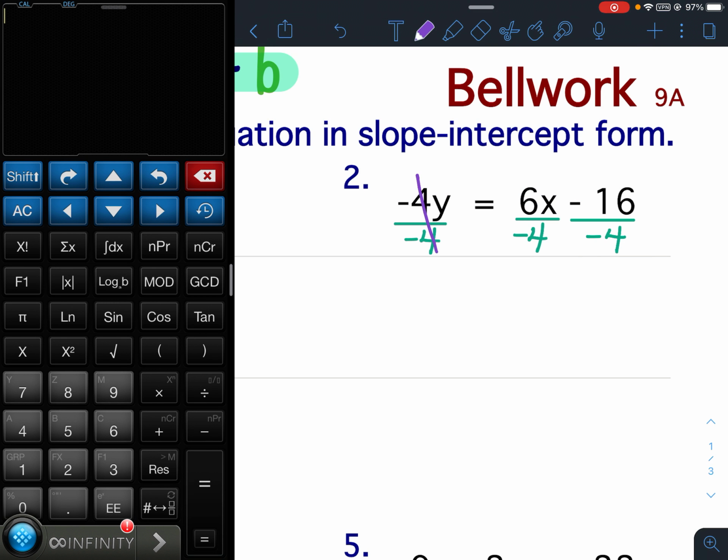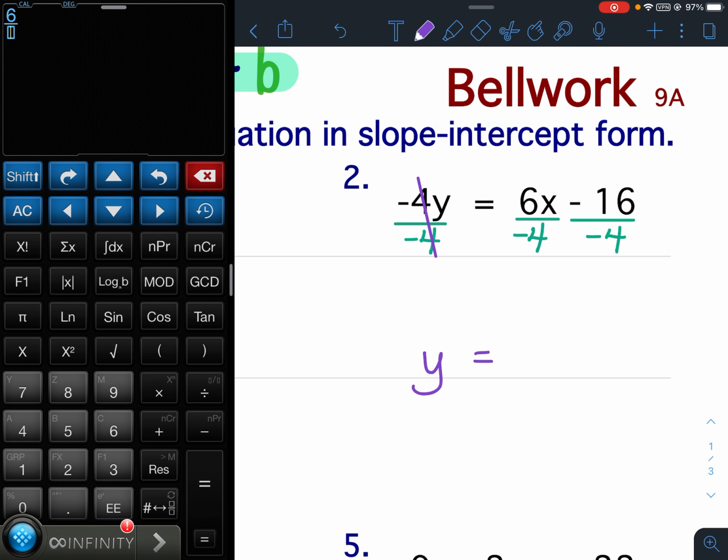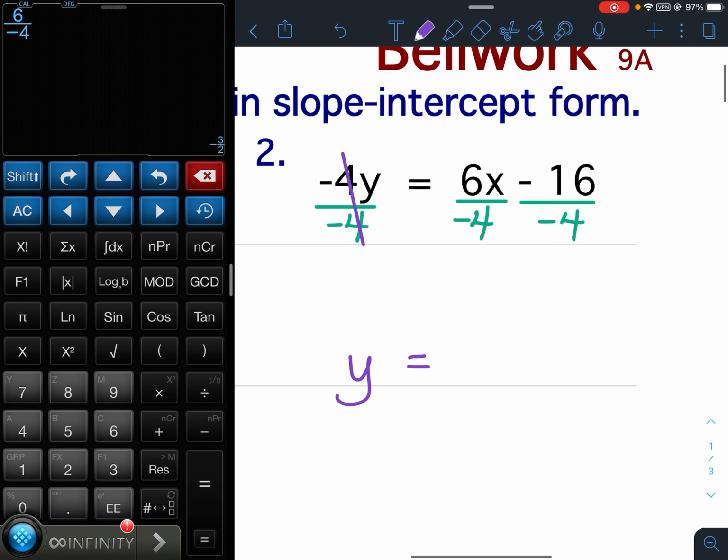All right, so I'll cancel out the 4's, bring down the y and my equal sign. So I have 6 over -4, enter, change it back to a fraction, and we get -3/2 x.